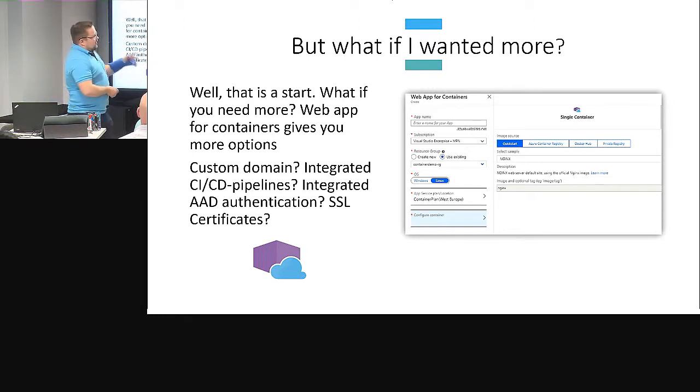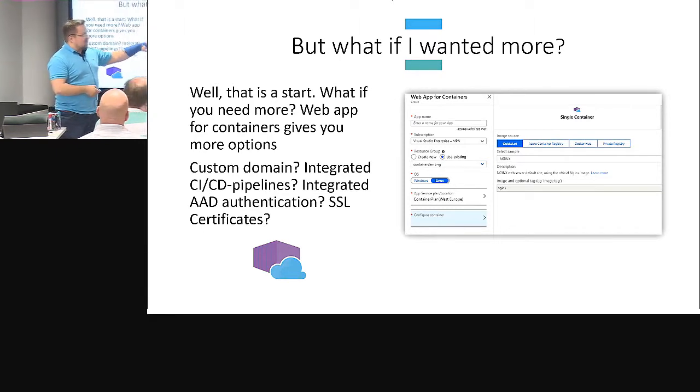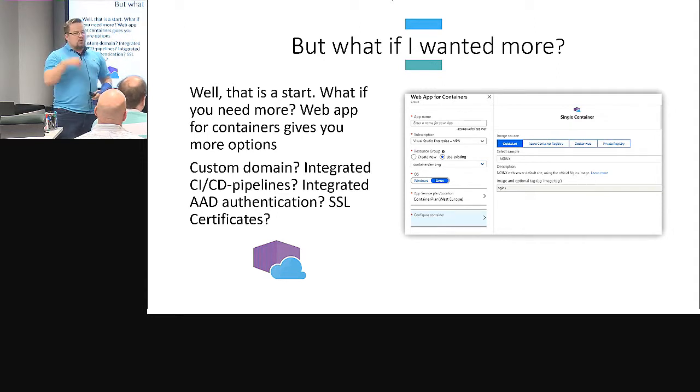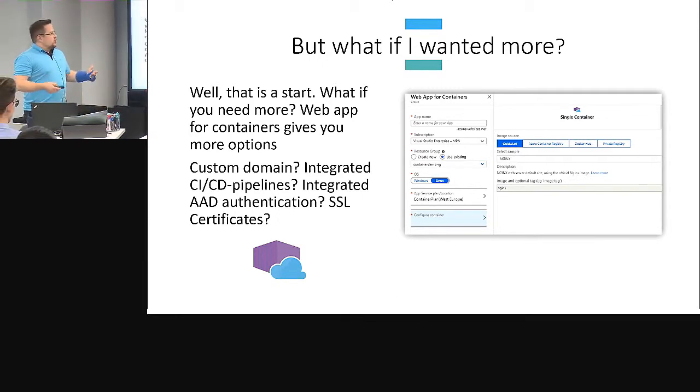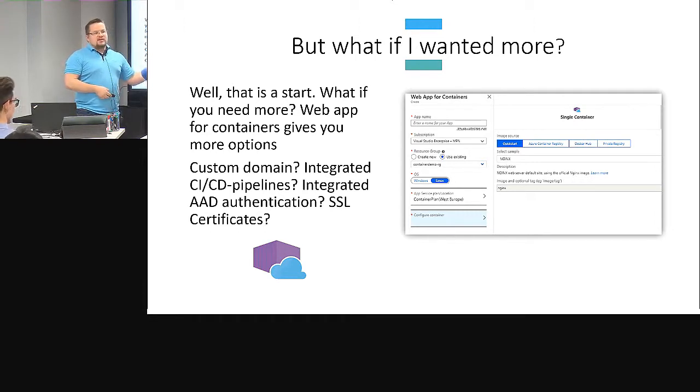But you have the ability to run a single container from either select samples from Azure or Azure Container Registry, which we will cover later, Docker Hub, or private registry. So if you have some sort of registry available for your current existing images, it's very easy to get them running and see if they happen to work. If everything works, it doesn't take more than that to try it out.